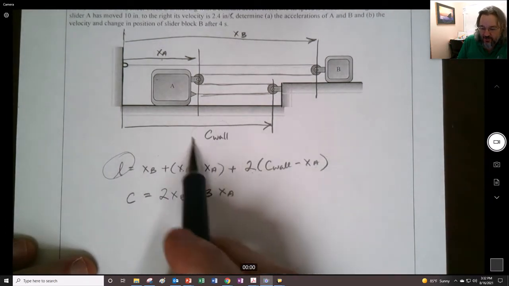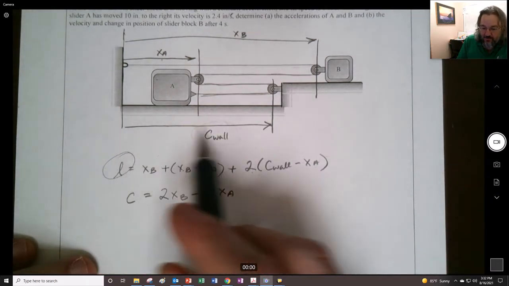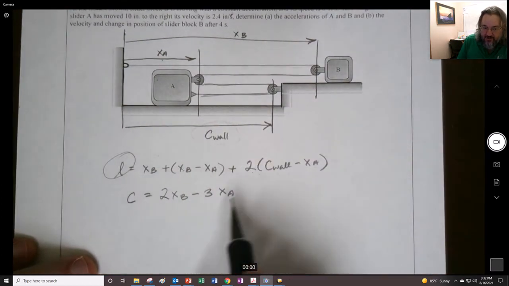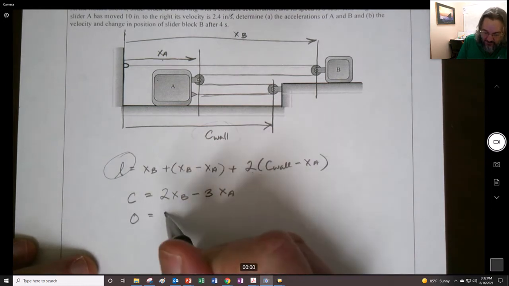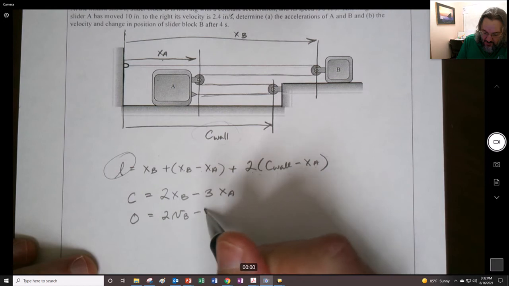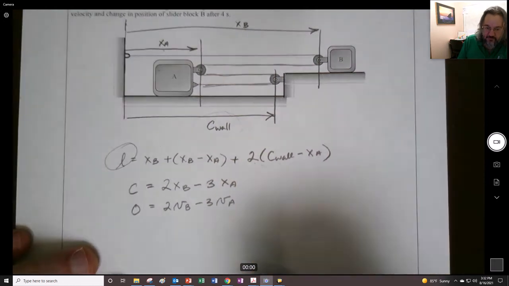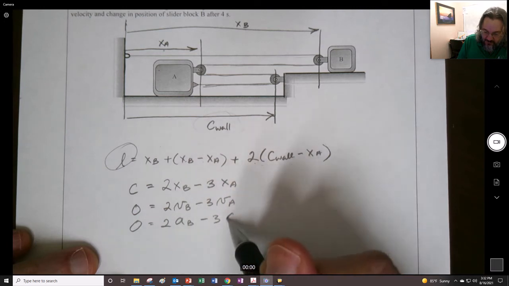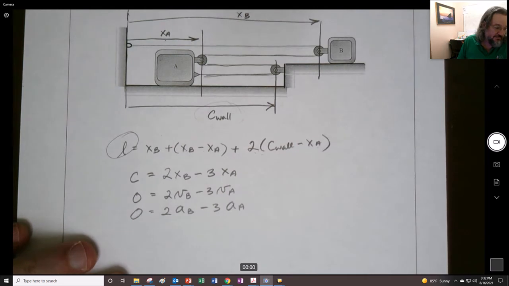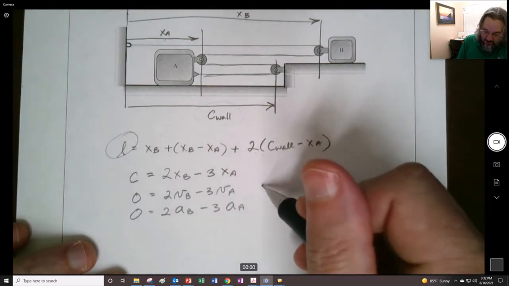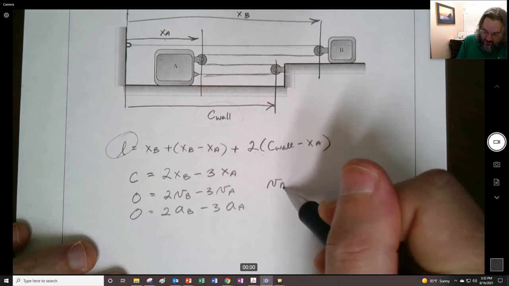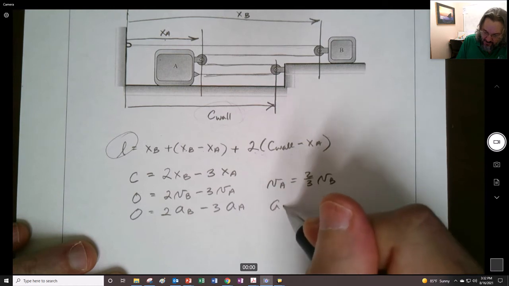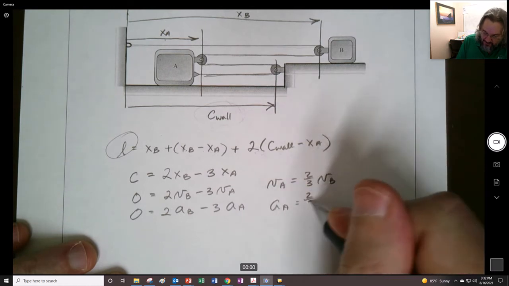This right here was really the key to seeing that, okay, well, we have this constant, let's use that as a means to figure out this relationship, which we know that when we take the derivative of it, it's going to be 2 times VB minus 3 VA, or 2 times the acceleration of B minus 3 times the acceleration of A. From this, we know that VA is going to be equal to 2/3 VB, and AA is 2/3 AB.